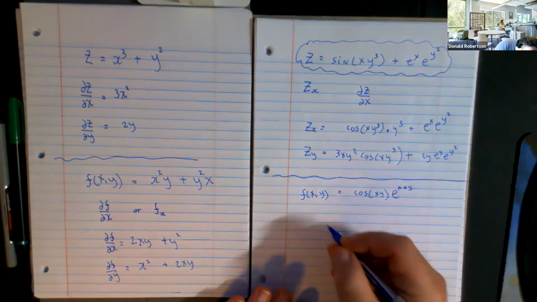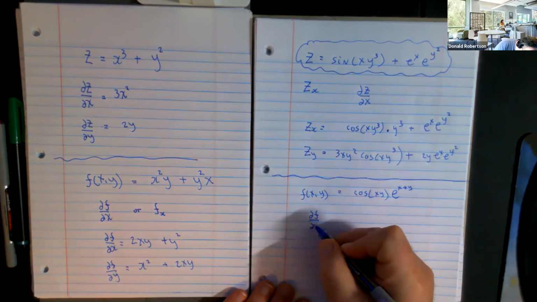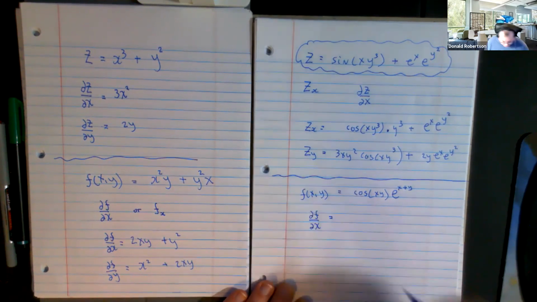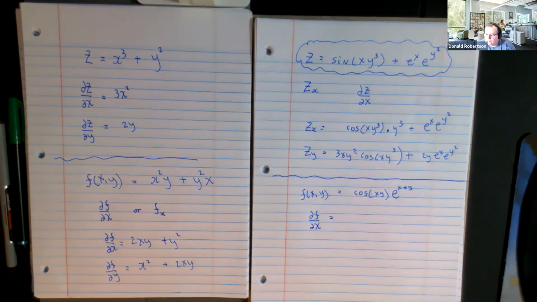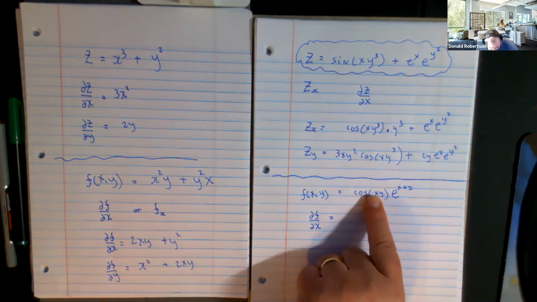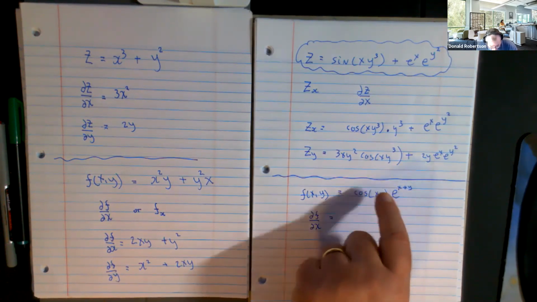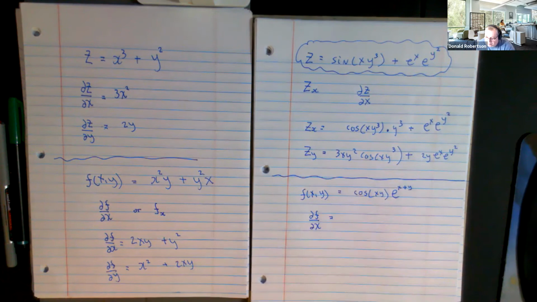And let's find the partial derivative with respect to x. Now, as far as x is concerned, there's an x here and there's an x here. So what that is telling me is that I've got two functions of x multiplied together. And because of that, doesn't it mean I'm going to have to use the product rule?